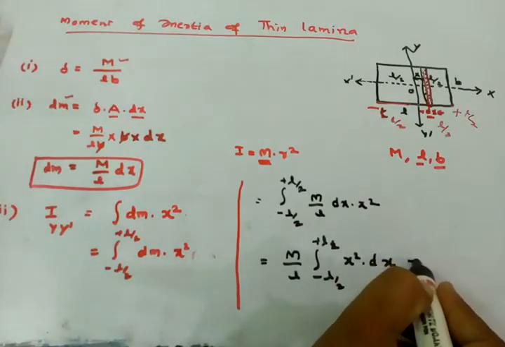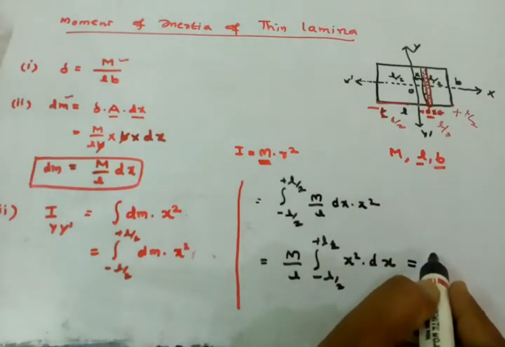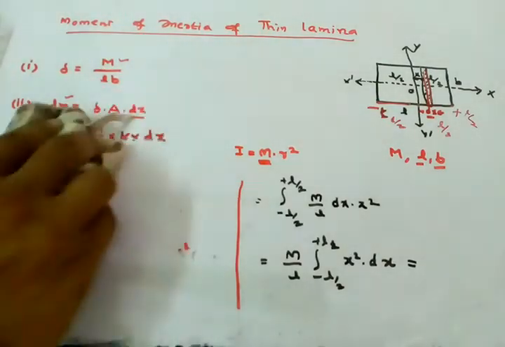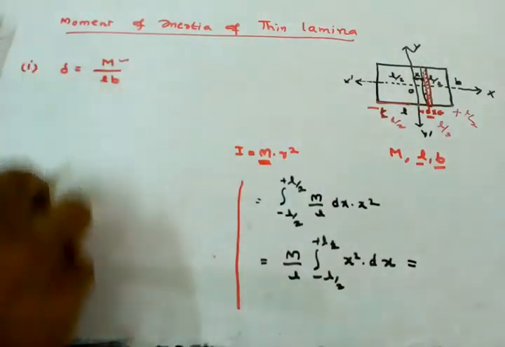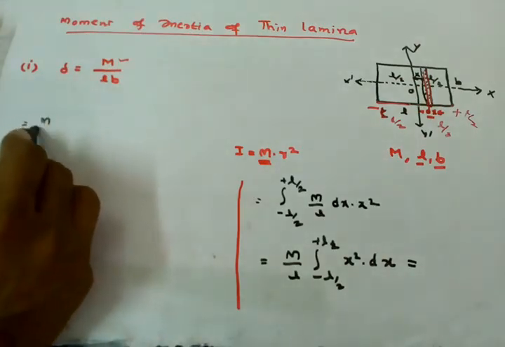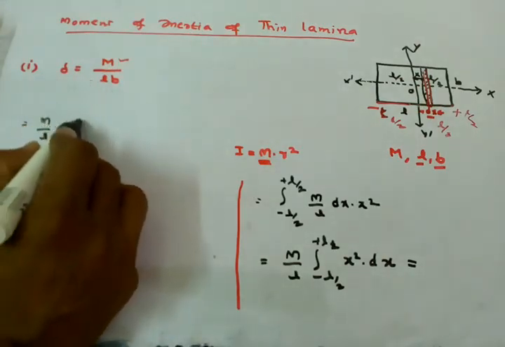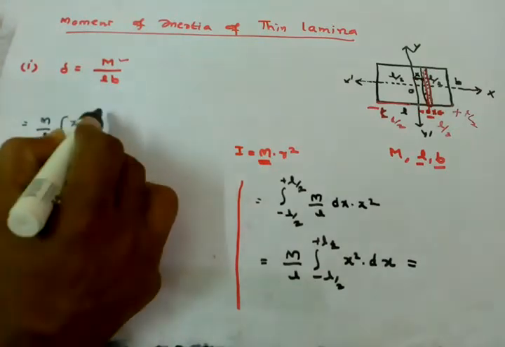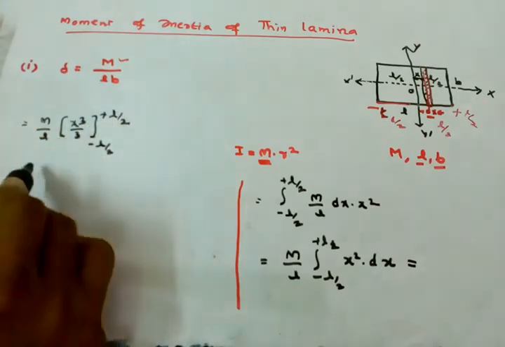Taking M by L common, if you integrate you will get the total answer: M by L times x cube by 3, with limits minus L by 2 to plus L by 2.